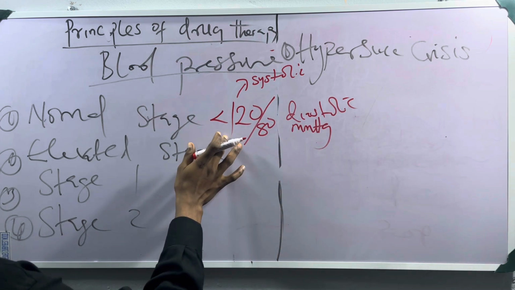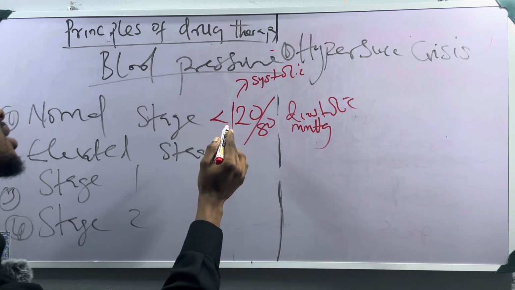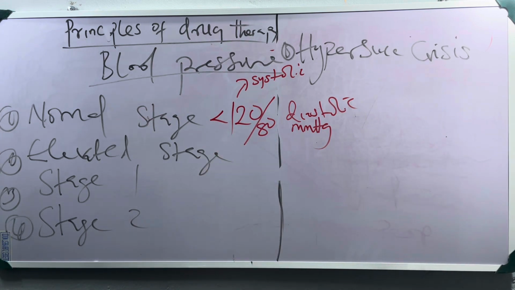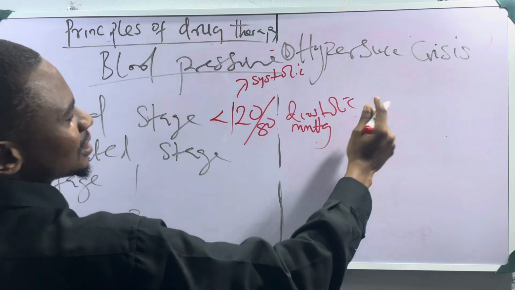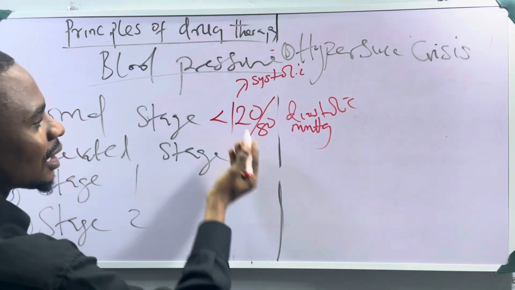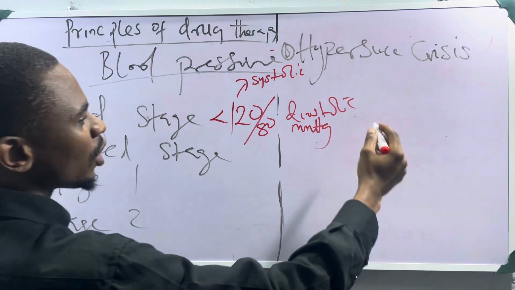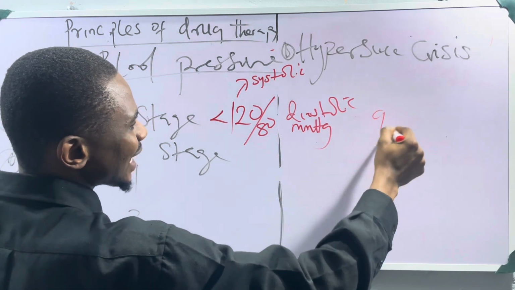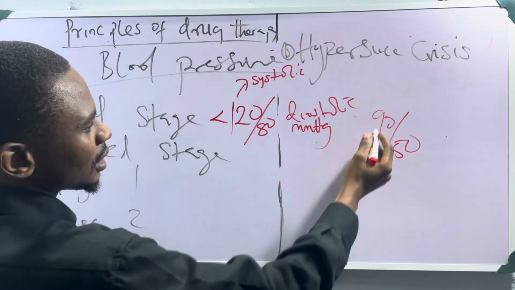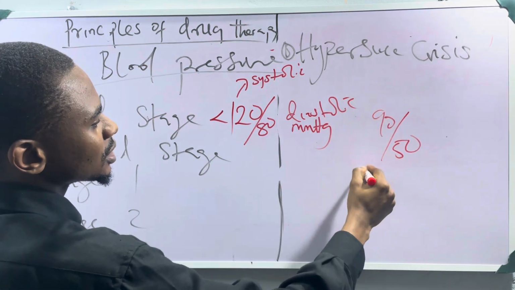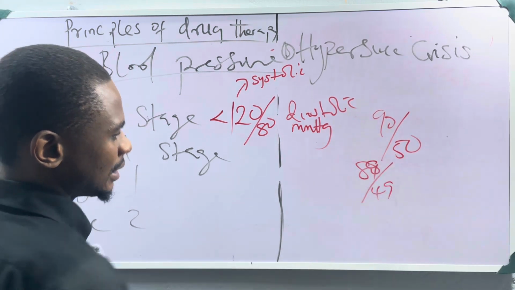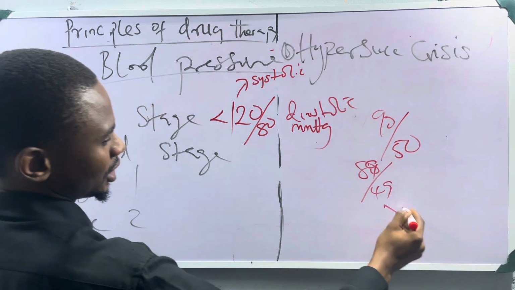So back to this. Any blood pressure that is less than 120/80 is normal. But if it goes as low as below 90/50, for instance you have a reading where the systolic is 80 while the diastolic is 49 or even 89, this person is having hypotension.